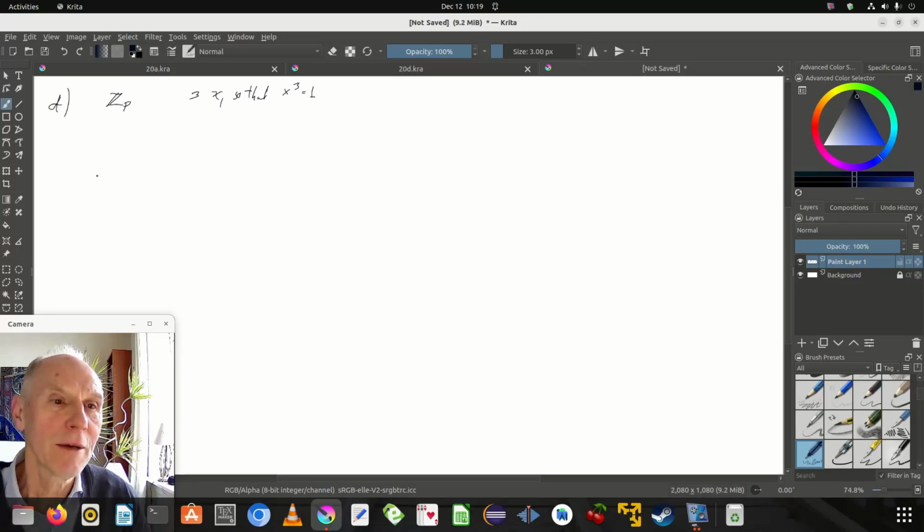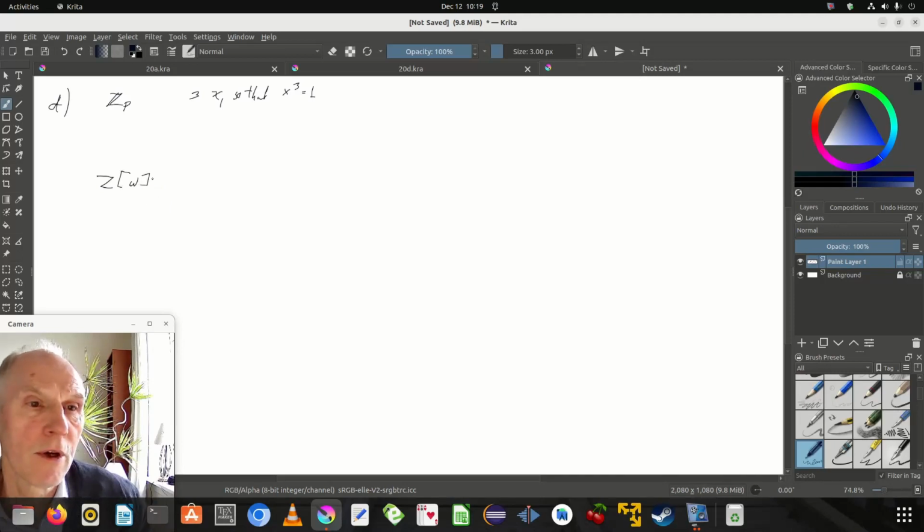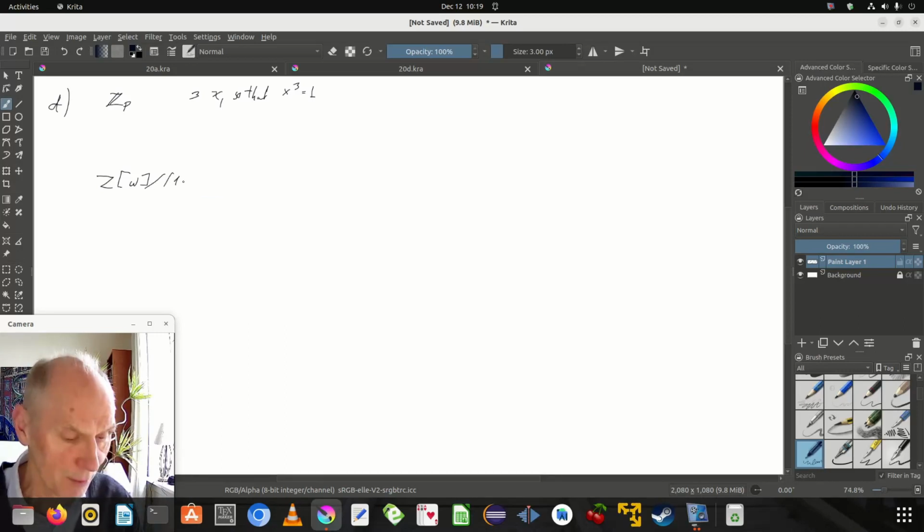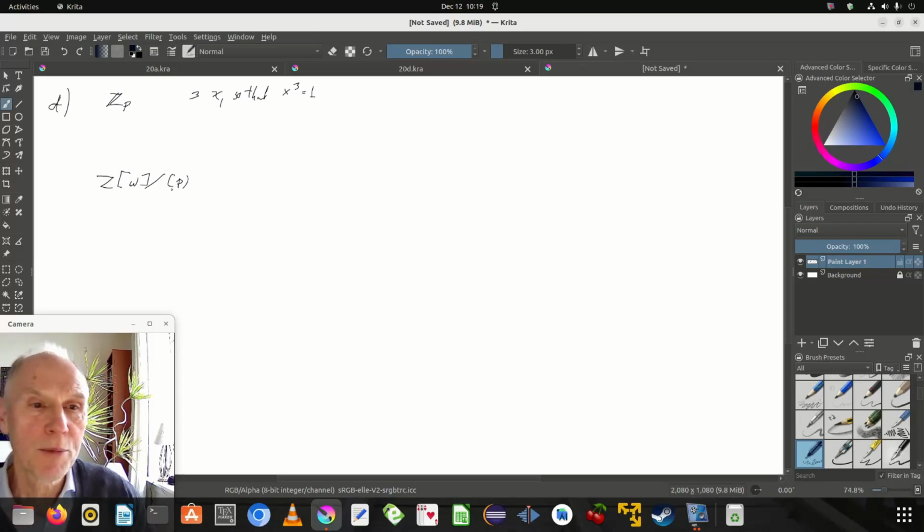And then we end up extending with omega, and then here we have a number p, so we can create the ideal generated by p.